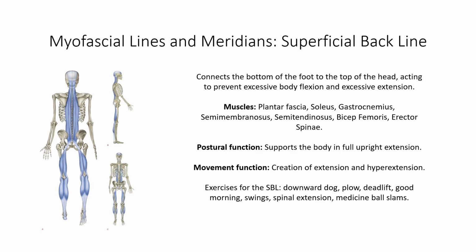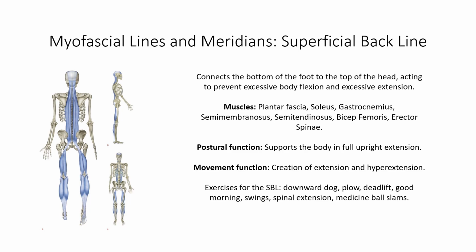Okay, so going into the specific lines, we've got the superficial back line, as you can see here, which runs from the bottom of the heel to the top of the skull. It prevents excessive body flexion and excessive extension.